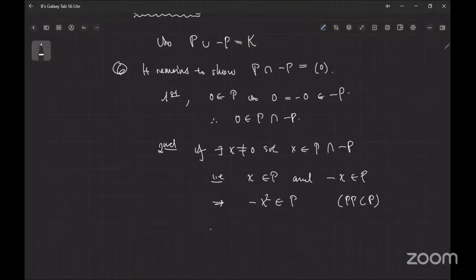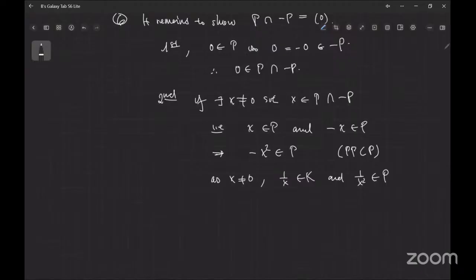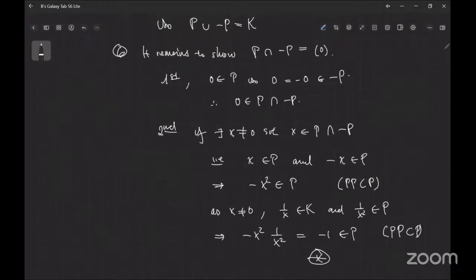And same deal, as x is not equal to 0, 1 over x exists, and 1 over x squared is in P because P contains all squares. So therefore 1 over x squared times minus x squared, which is equal to minus 1, is in P because, again, P is closed under product. That's a contradiction because P does not contain negative 1. So it contradicts the suppose not.